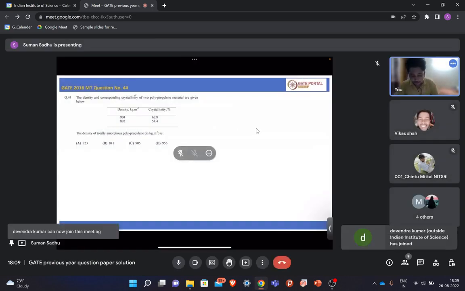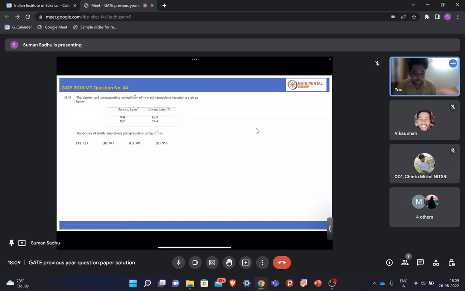Crystallinity basically refers to the degree of ordering, or the degree of regular order present in the structure. So the polymer might be random in nature, or it might be arranged in a crystalline fashion. A regular arrangement may also be there, or it may be a mixed kind of thing.